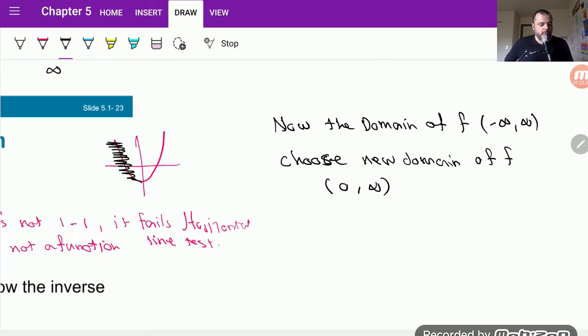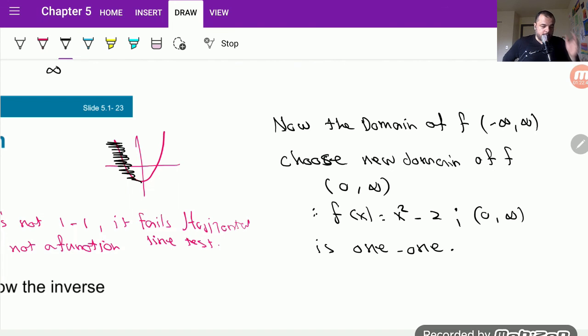If you choose a new domain from 0 to infinity, you guarantee that f of x, which is x squared minus 2 on from 0 to infinity, is 1-to-1, because the left hand side is not going to be there. Someone is going to ask, why didn't you choose from negative infinity to 0? We don't care. The question says just restrict the domain. Just do any restriction, okay?